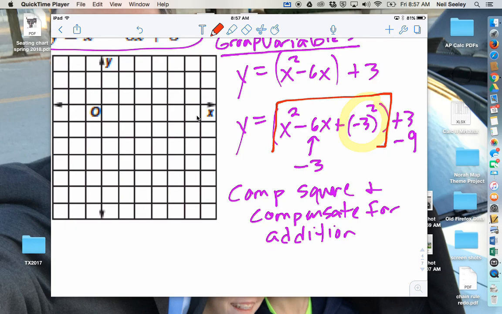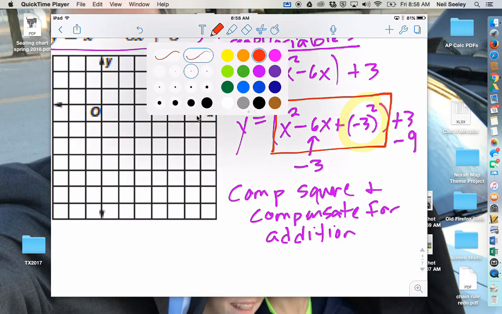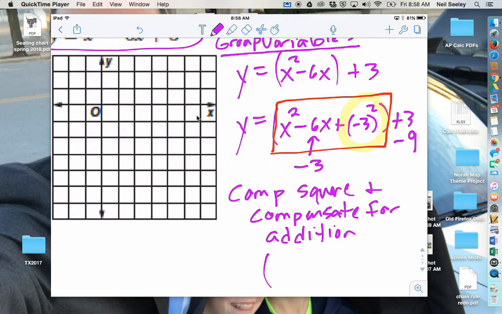This trinomial that I just created by taking half the middle term and squaring and adding it, it's equal to a new form of it. It's actually the same as x, that half term, that -3, quantity squared. And by the way, remember this +3 minus 9, that's going to make -6, right?